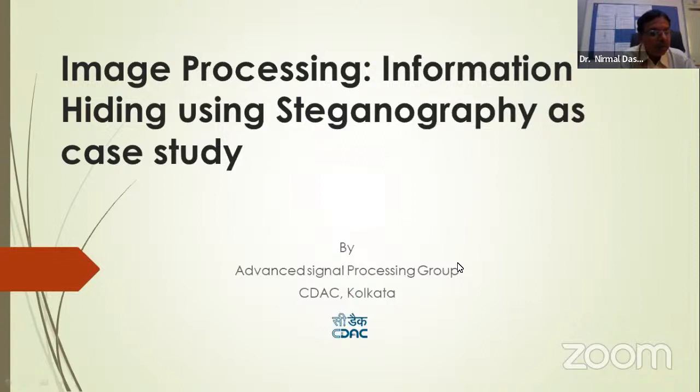Image steganography is the process of hiding information, which can be text, image, or video, inside a cover image. The secret information is hidden in a way that is not visible to the human eye. The main goal of information hiding is to prevent unauthorized access or detection of sensitive data.